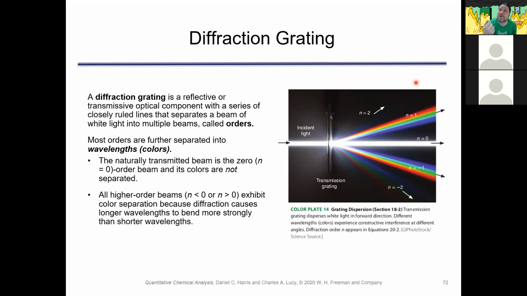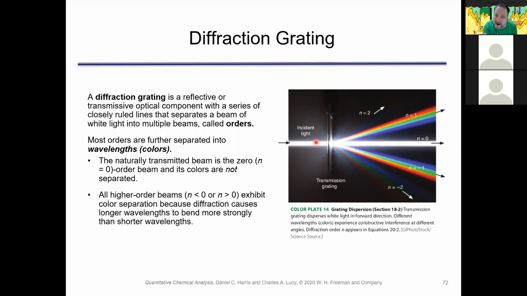That's why if you look at a rainbow and you look at a double rainbow, the colors are backwards on the inside. And then there's actually a third order that would come off too, but you can't see it. Sometimes you can actually see a triple rainbow, man. What does that mean? It's a triple rainbow. So you can see a second order diffraction pretty easily. A third order diffraction, kind of hard to see.